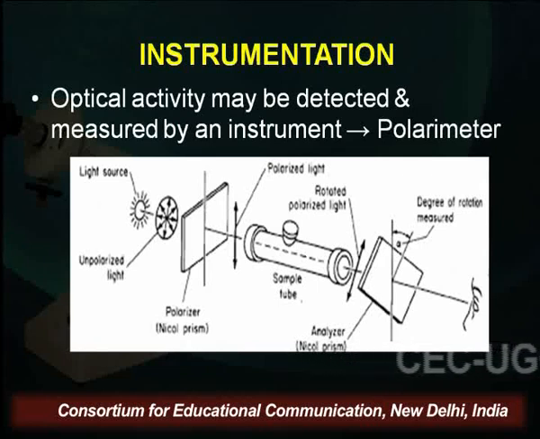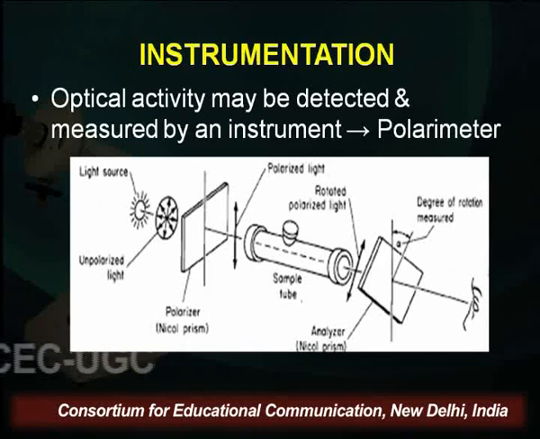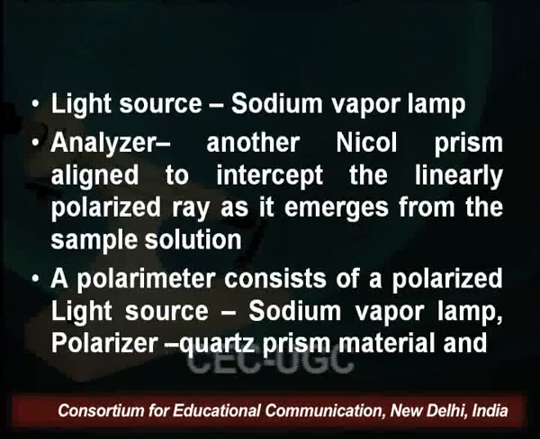So, this is the polarimeter, which basically consists of the light source, second the polarizer, then a tube where we put the sugar solution, then we use the analyzer, then the eyepiece just to get the reading. The light source may be a sodium lamp.